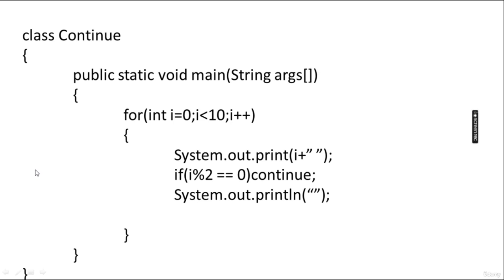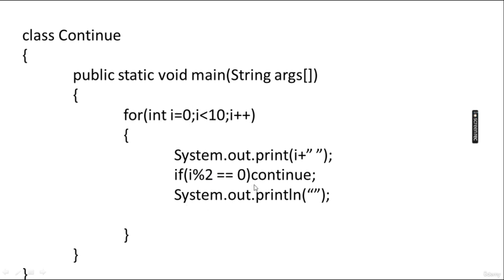This is the example. For i equal to 0, i less than 10, i plus plus, System.out.print i and then a space. If i modulo 2 is equal to 0, I need to continue. Not every time will i modulo 2 be 0. 0 modulo 2 is equal to 0, so it will be true, but 1 modulo 2 will not be equal to 0.